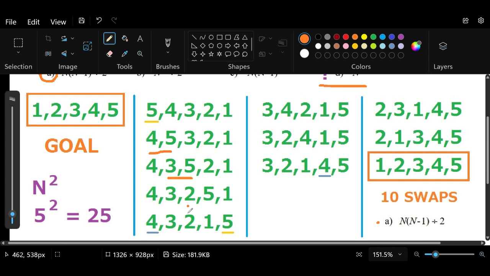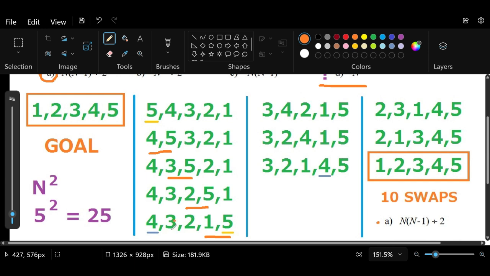And here in this case, it's a yes. And then the rightmost number we need to check, is the element to the right of 5 less than 5? And we say yes. So that's why we get this sequence.